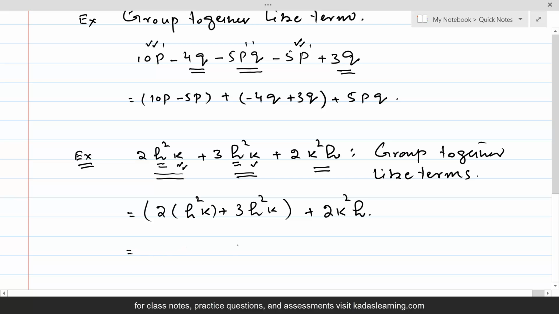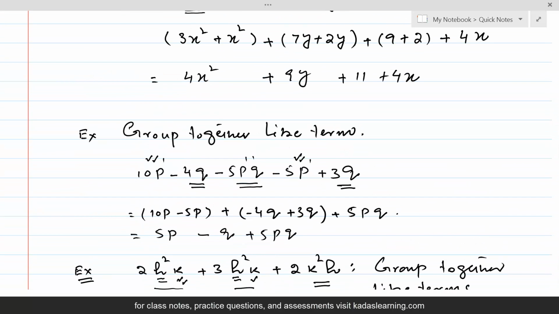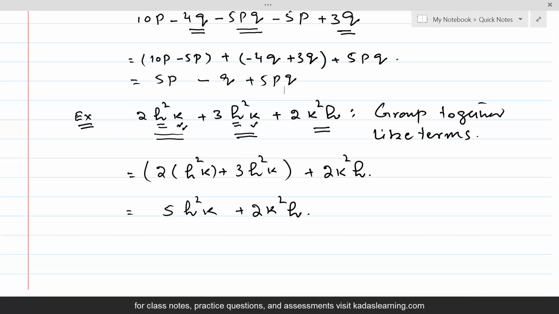And if we want to add them, we can write 5h square k plus 2k square h. And in the previous question we could write 5p, minus q, plus 5pq. That's how we can add like terms and leave unlike terms separate.